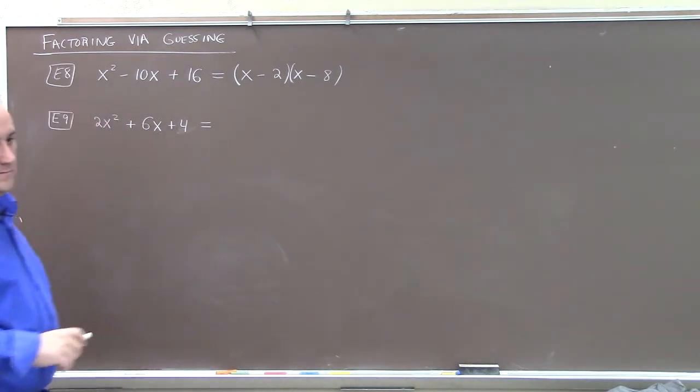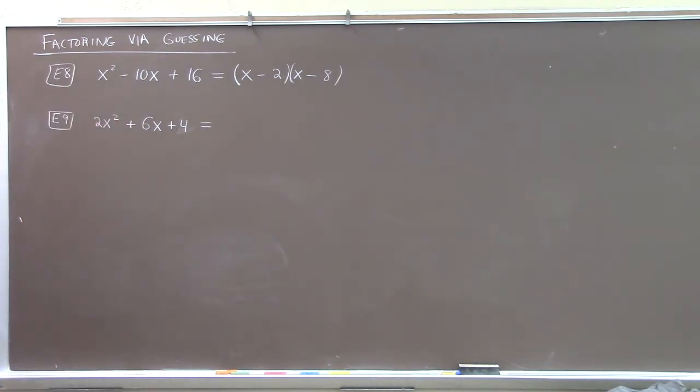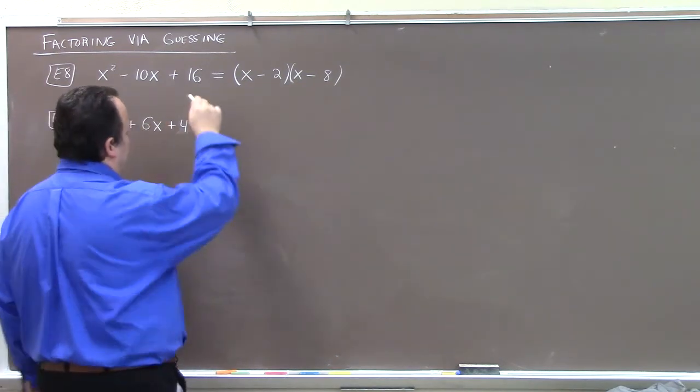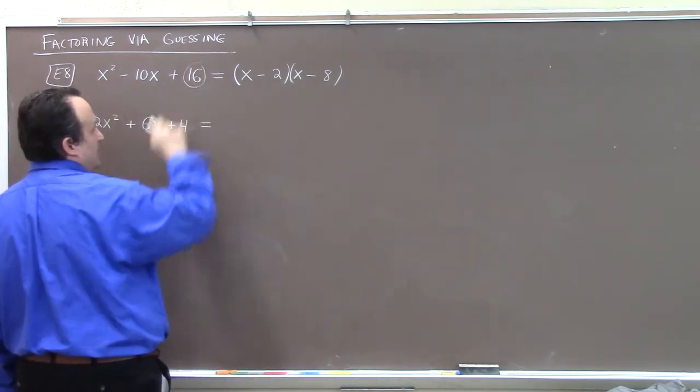And then the ultimate judge of whether this is right is to multiply it out. X times x is x squared, great. Minus 2 times minus 8 is 16, good. And then we get a minus 2x and a minus 8x from multiplying that out, minus 2 minus 8, minus 10. Good. So the internal logic here was thinking about possible ways to get 16.